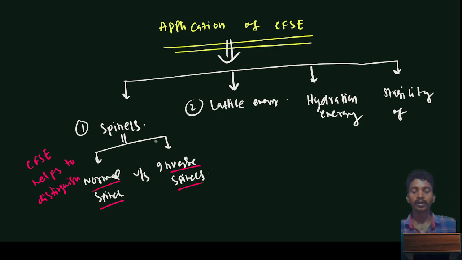For the stability of complexes also, CFSE is a very big tool. There are a lot of applications, so we will discuss them one by one. First, we will discuss the application of CFSE in distinguishing between normal spinels and inverse spinels. So the first application for today's class is spinels.